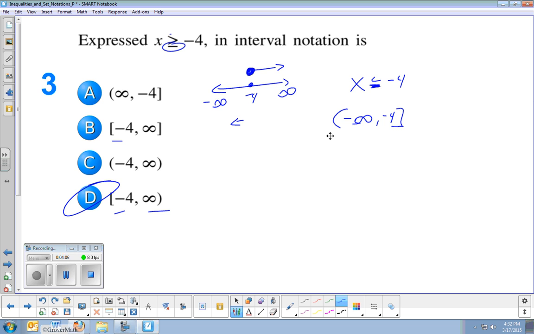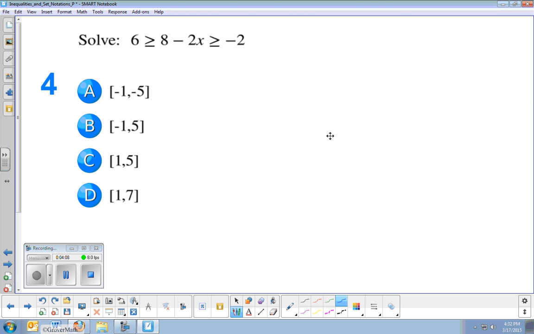All right, let's try a couple of actual problems where you solve the inequalities. Basically, we're going to solve the inequalities and then write our answers in the proper interval notation. All right, this is one where x is kind of between things already. So what you do when you have this situation is you need to work your way out, and you need to do it on both sides.